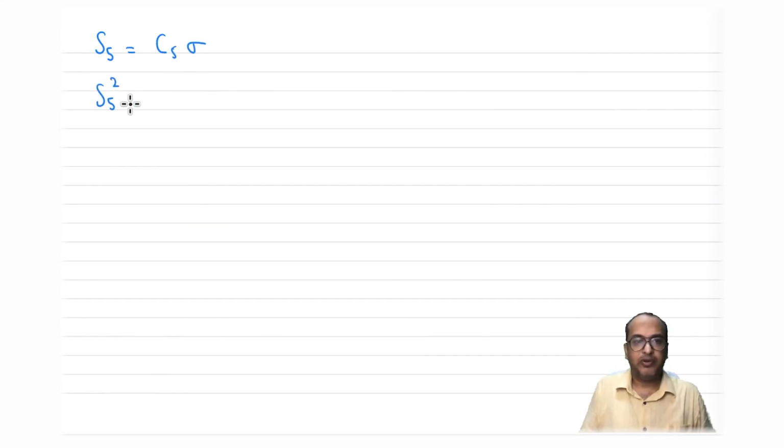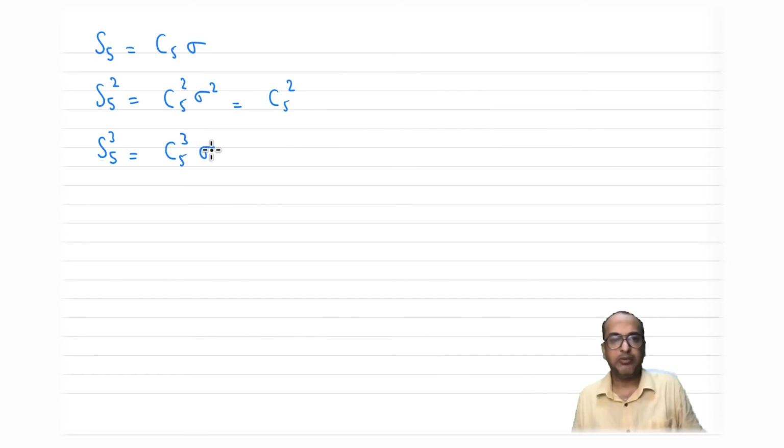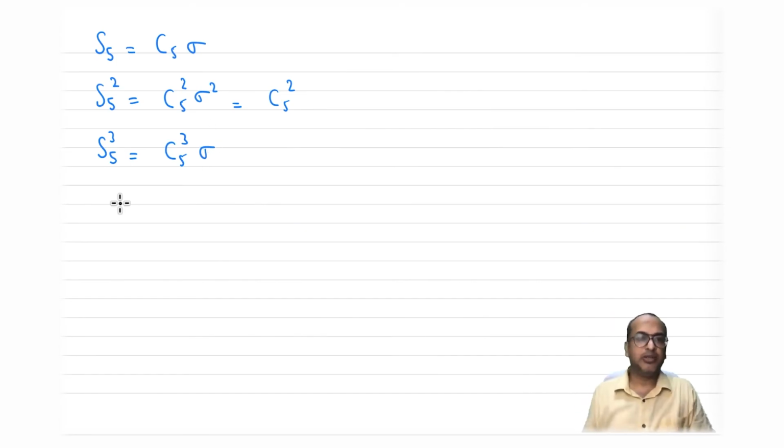S5 done twice is equal to C5 done twice sigma done twice, which is nothing but C5 done twice because sigma square is E. Now S5 done thrice is equal to C5 thrice, and now I'm shortcutting it to sigma. Sigma done thrice is equal to sigma.